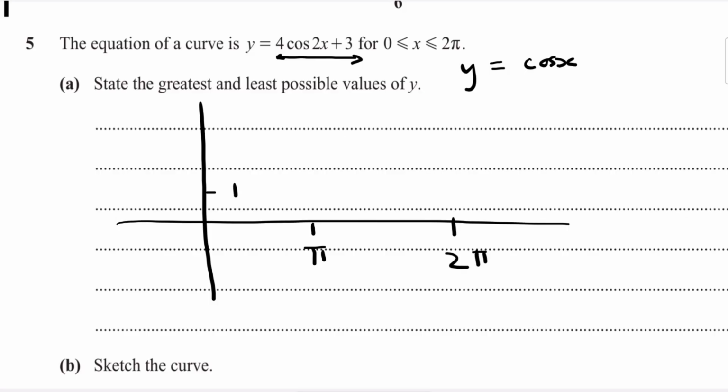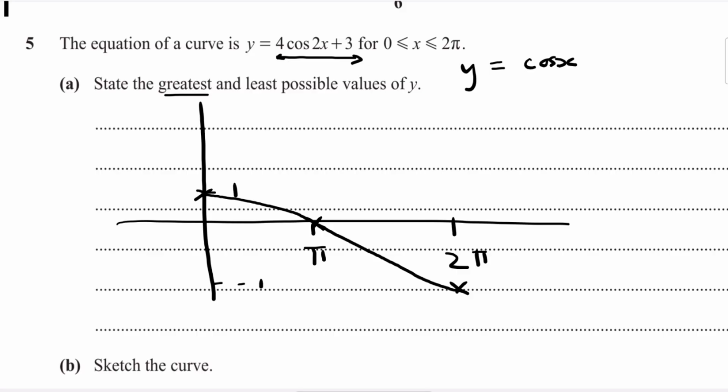Then it goes from 1 to minus 1, and it's like this, right? Let me redraw that. So we have a point here, a point here, and a point here. So it will be like this, right?